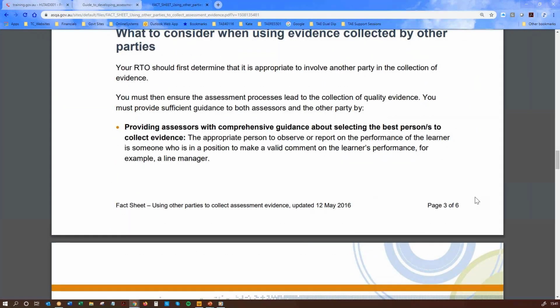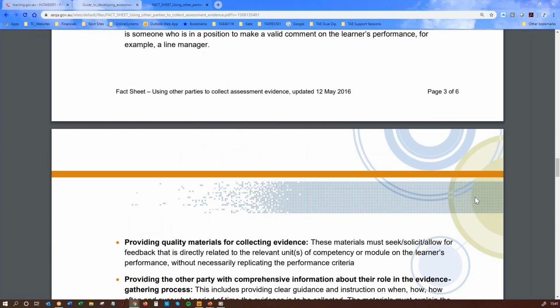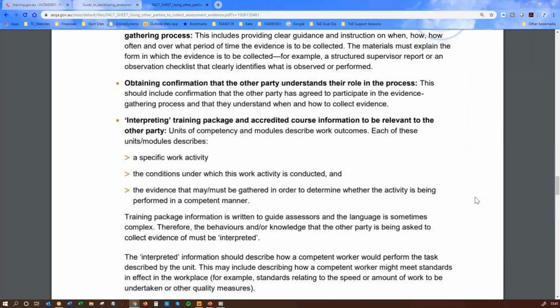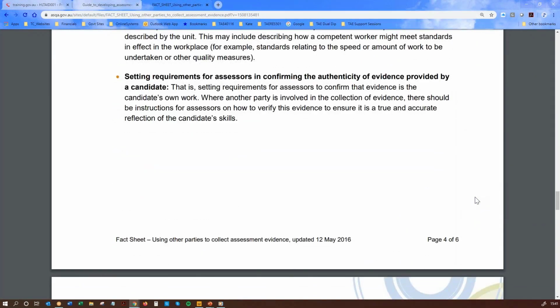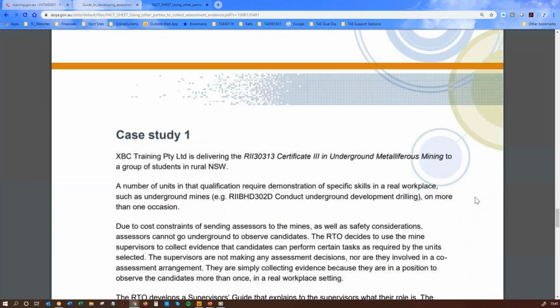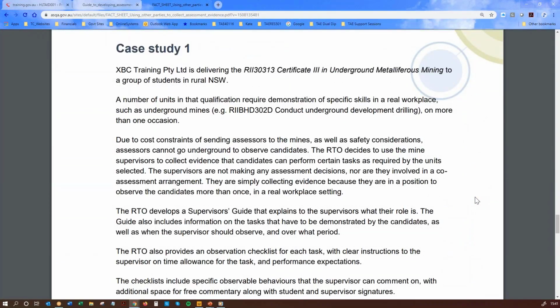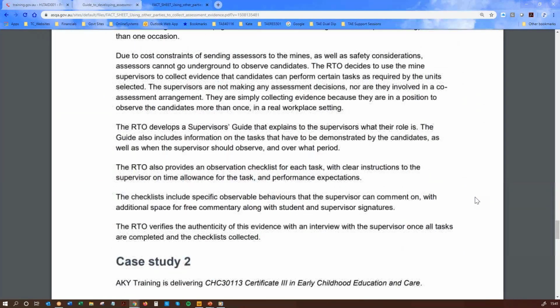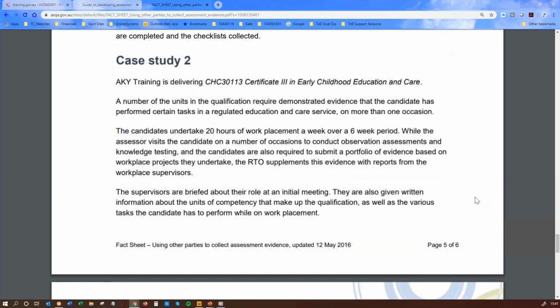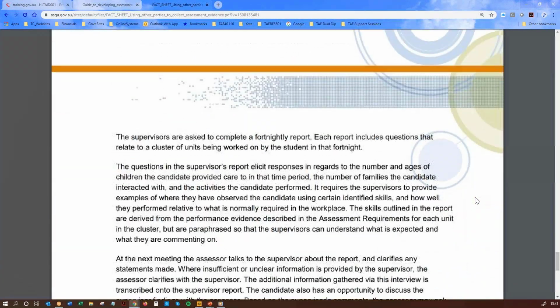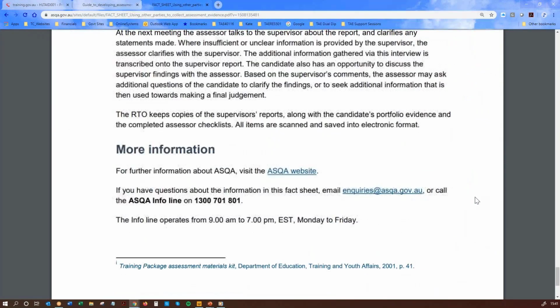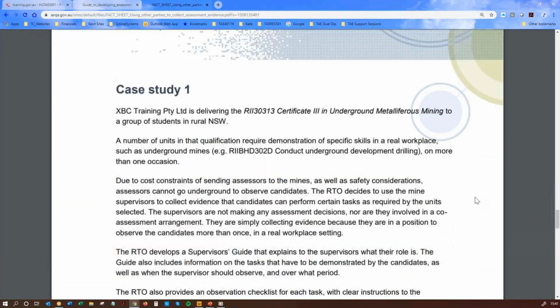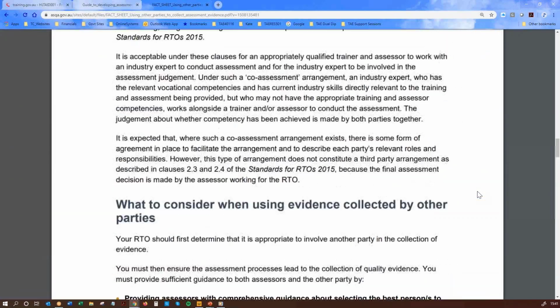It also gives you some good examples of when and why you might need to use another party to collect evidence. And quite often it will be a situation where when someone is conducting a work activity with a patient or with someone, there could be some confidentiality or privacy issues. So you might need to use a supervisor who is able to be part of that work task to actually observe someone in the workplace.